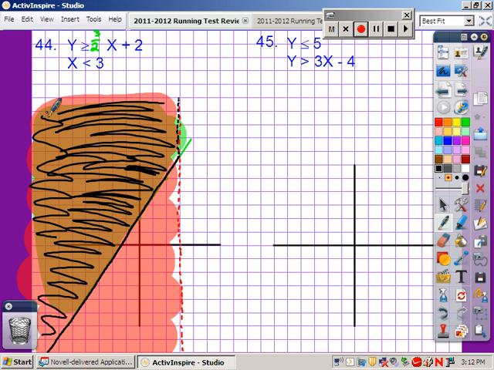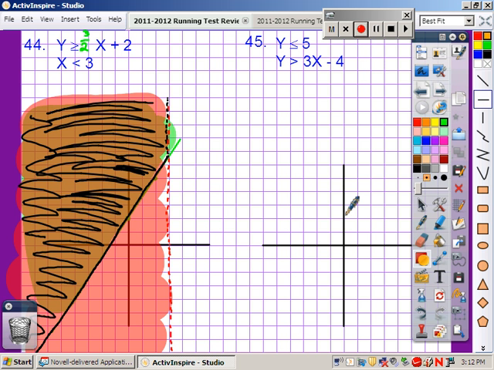Okay. So we have basically the same task in the next problem. This time we have a y by itself with no x. This is a horizontal line where y is 5. So we need to draw a horizontal line. I'll do that one in purple, I guess, where y is 5. It's going to be a solid line because of the equal to symbol.